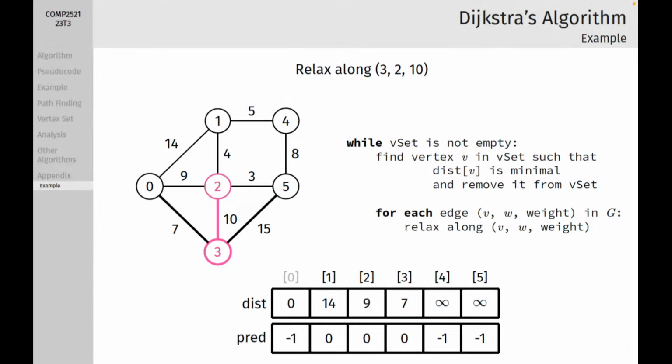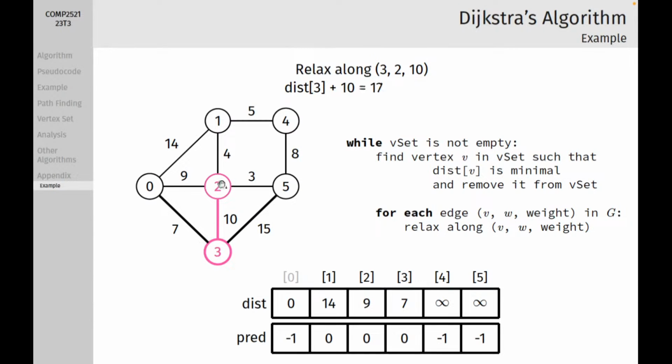Let's look at the next edge from 3 to 2. If we use this edge to get to 2, the cost of this path is going to be the shortest distance to 3, which is 7, plus the weight of this edge, which is 10.